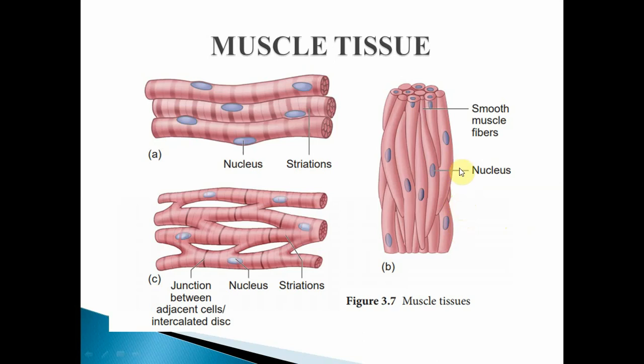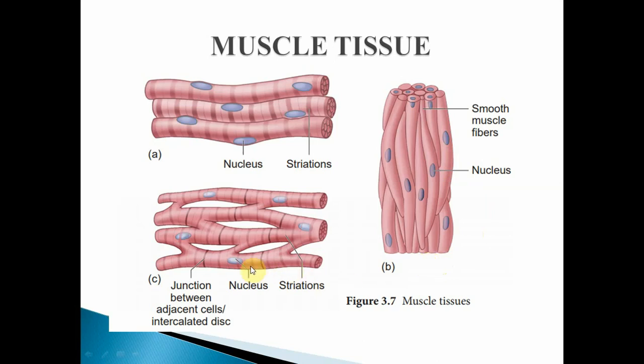It means we find these muscles in the parts of the body whose movements are not under our control. These muscle fibers have one nucleus, for which it is also known as uninucleated.